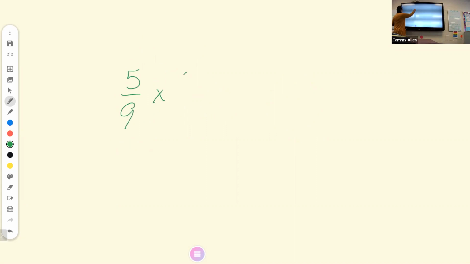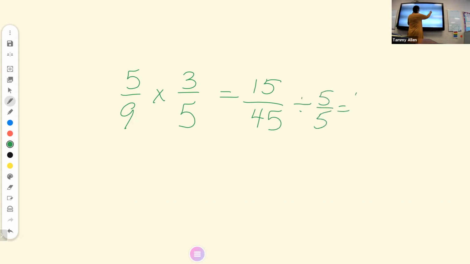5 ninths times 3/5. We're looking for a common factor in a numerator and a denominator. And for those of you who weren't in here to begin with, let me show you why this works, because you missed the beginning piece. 5 times 3 is 15, and 9 times 5 is 45. And if you remember right, we used to divide by 5 over 5, divide by 3 over 3, remember that?